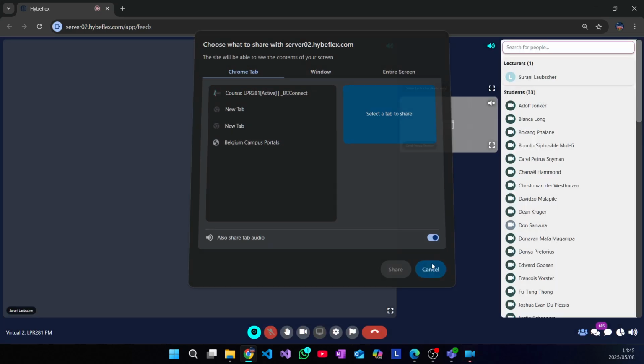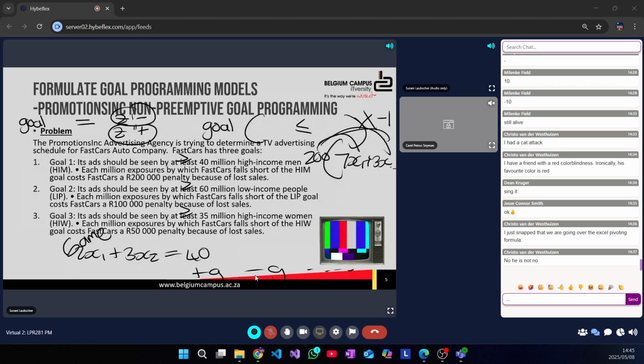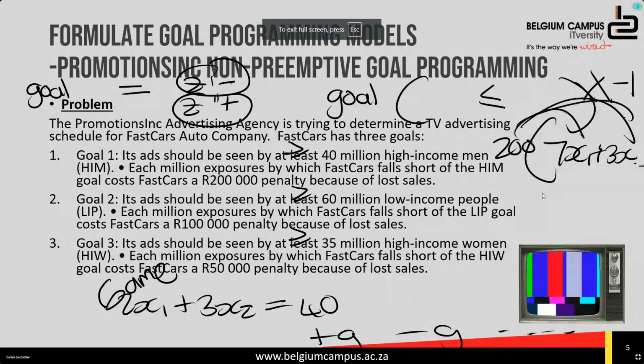It was 200 times 7x1 plus 3x and so on. You had to multiply it with everything. So that's why we lock that 200. You can use minus or positive, doesn't matter. You just have to then, instead of adding, subtract, or subtract instead of adding.